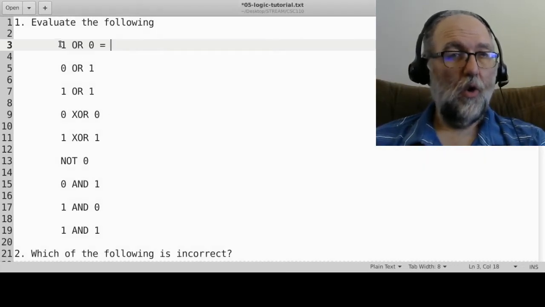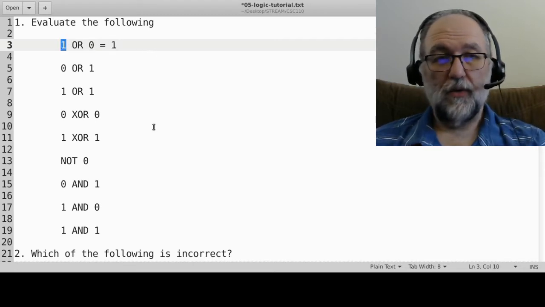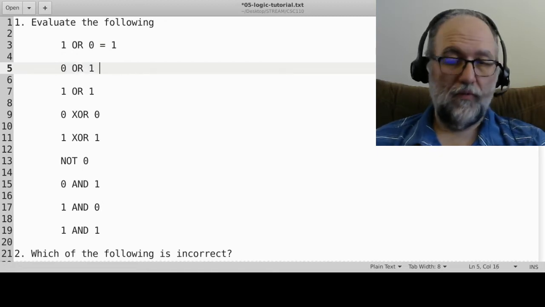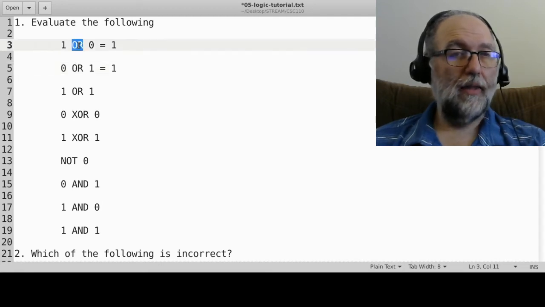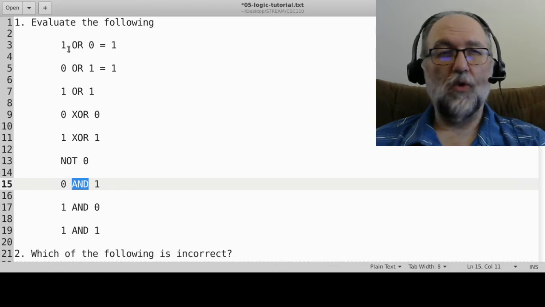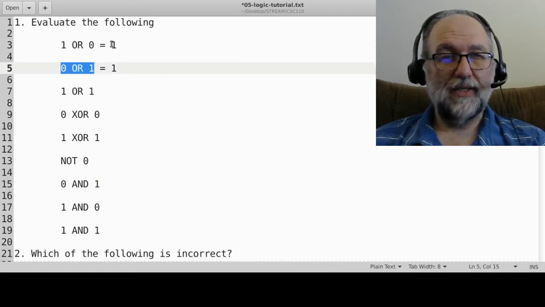So here 1 or 0 is going to equal 1 because at least one of the numbers is a 1. And here 0 or 1, what's that going to equal? That will also equal 1. With these logical operators like OR and exclusive OR, the order doesn't matter. So if you do 1 or 0, or you do 0 or 1, you get the exact same answer, and that's true for all of them, not just for OR.